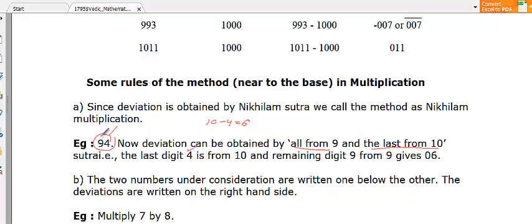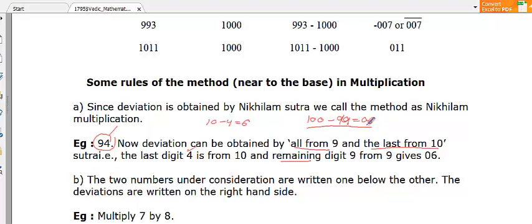And for the remaining digit, which is 9, 9 from 9 you will get 0. So it is very clear. You have to subtract 94 from 100, basically.